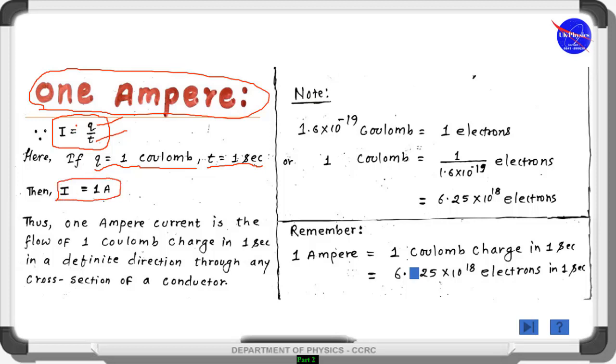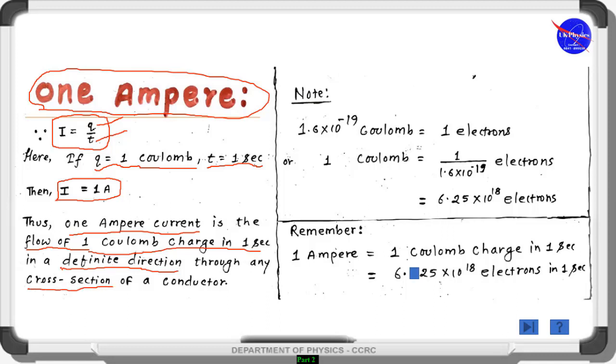This is the mathematical relation. So this mathematical relation can be expressed in language form as: 1 ampere current is simply a flow of 1 coulomb charge in 1 second in a definite direction through any cross section of a conductor.